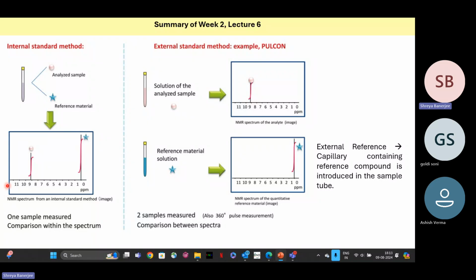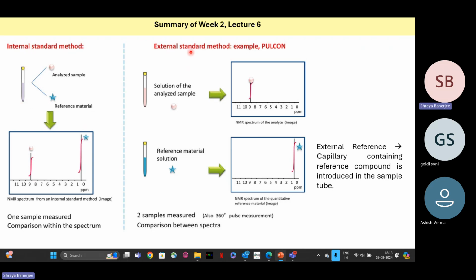In the same spectra, you have the peak of the reference and the peak of the sample. Generally, the reference is very upfield shifted, so it comes around 0 to 1 ppm. So there is no confusion between the reference and sample peaks. This is called an internal standard method because the reference and the sample are both inside the sample tube.